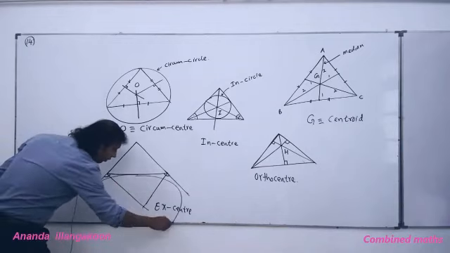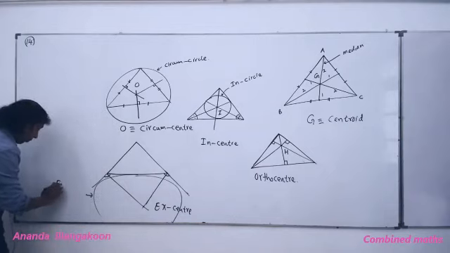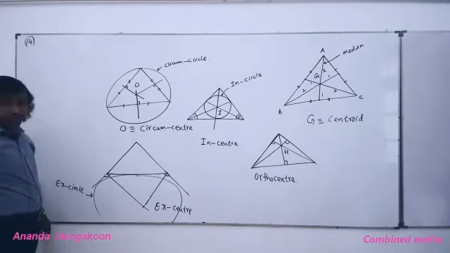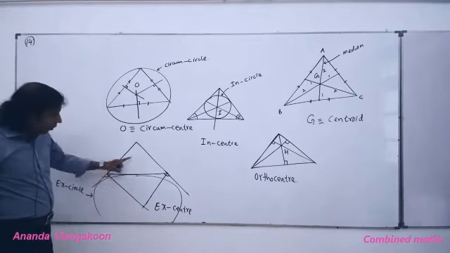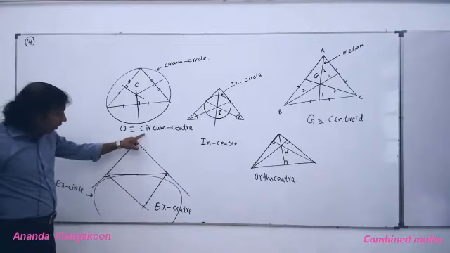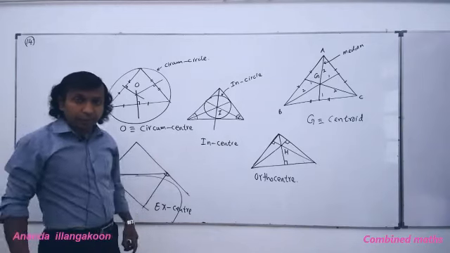This way we get a circle. That is called the excircle. So like that, we can draw three excircles, because we can produce this side, then this side, and then construct three excircles.